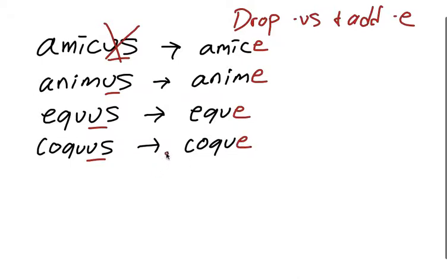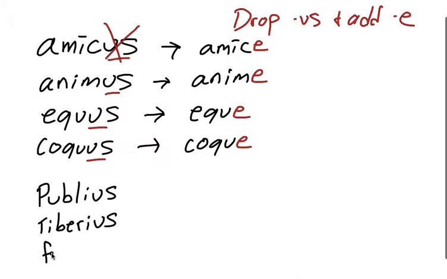Alright, and so that's how you form the vocative if it ends in US. If a word ends in IUS, and these are mostly names that end in IUS, like Publius or Tiberius. Or here's a noun, Filius, that ends in IUS. If it ends in IUS, then you drop the US, and that's it.